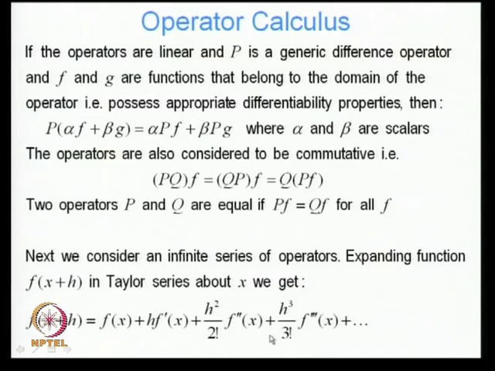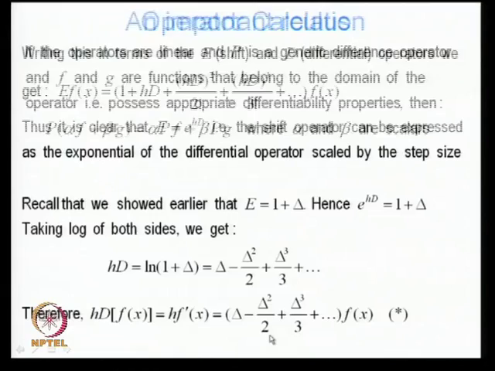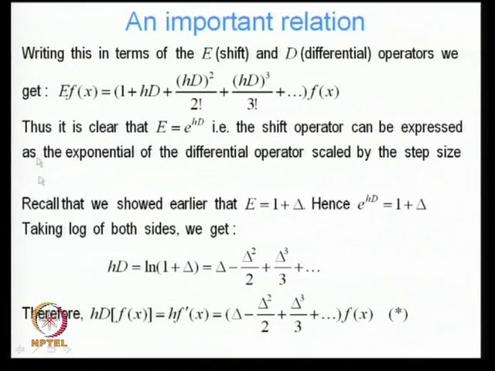And on the right hand side I have the differential operator. So, I can write this as E f(x) equals 1 plus h times the differential operator D, plus h D operating 2 times on f(x), which I denote as h D square, then h D operating 3 times on f(x), which I denote as h D cube.